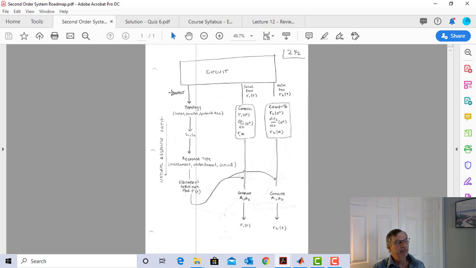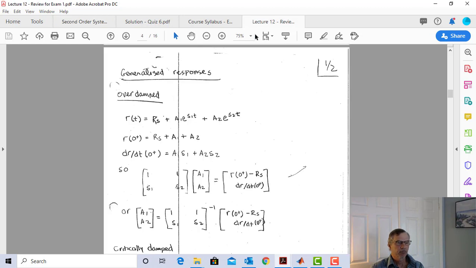But then we have to get the topology of the circuit and figure out what S1 and S2 are, and that tells us our equation structure. And then we compute A1 and A2. And with these generalized RLC circuits, what I'm going to come back to in our review lecture is, once we know what our equation structure is, how do we get A1 and A2? So let's look at that.